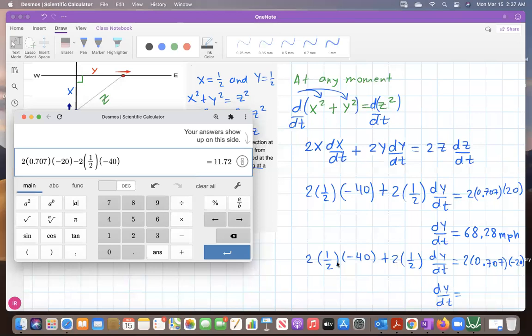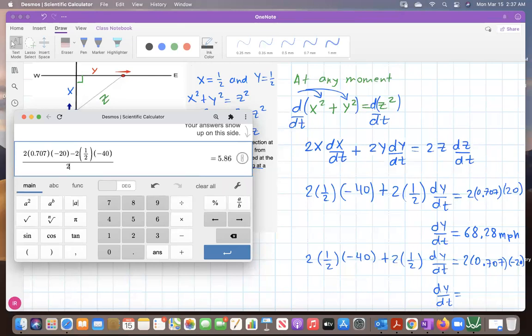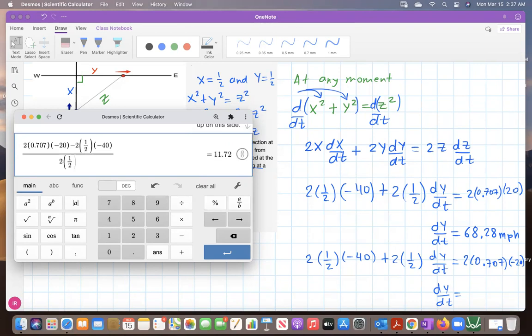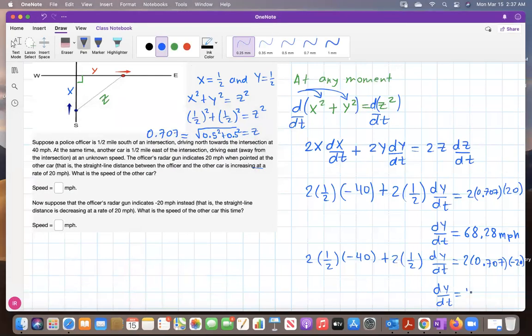So you subtract this part, right? And then you divide by whatever you have here. In this case, this divisor is just 1, we all know that. But in case it's not, you have to write it this way, right? Parentheses must be used. They matter so that the computation will be okay. We get 11.72 now, right? With a great level of accuracy. So 11.72 miles per hour should be the answer for the second part, right?